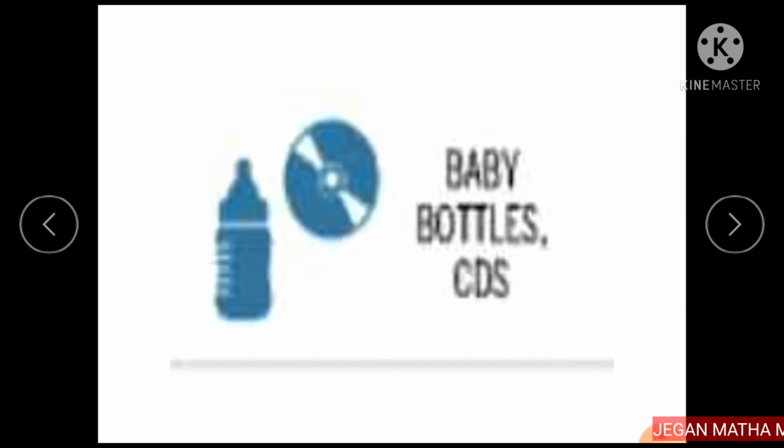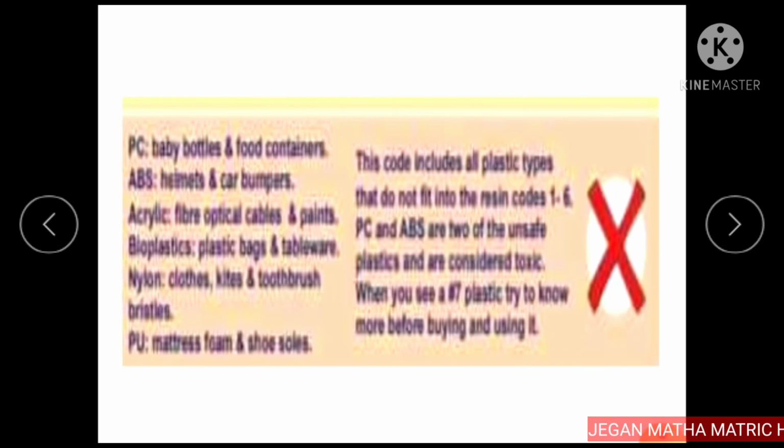Helmets and car bumpers are made up of ABS. Fiber optical cables and paints are made up of acrylic. Plastic bags and tableware are made up of bioplastics. Cloths, kites and toothbrush bristles are made up of nylon. Mattresses, foam and shoe soles are made up of polyurethane.